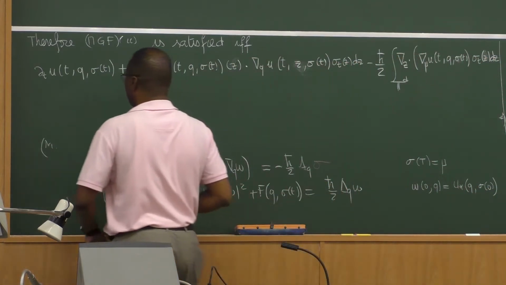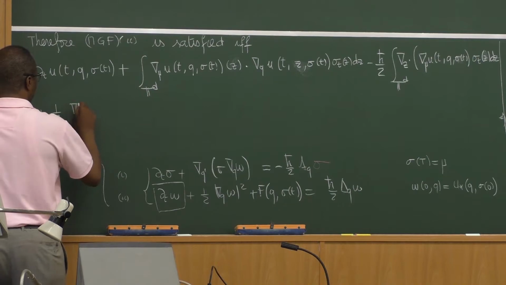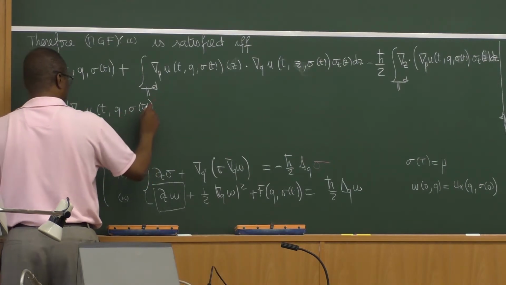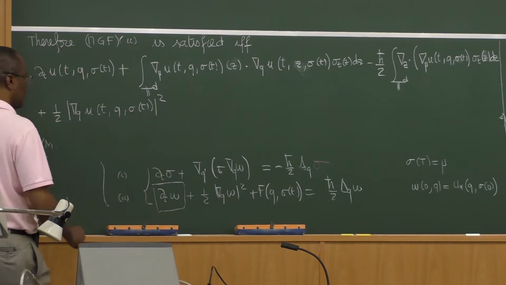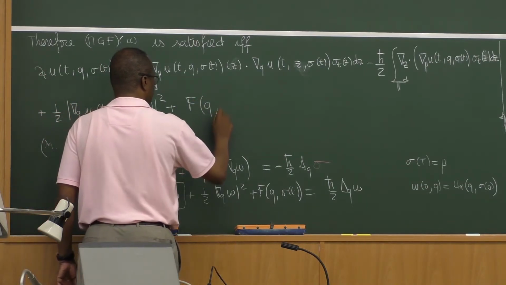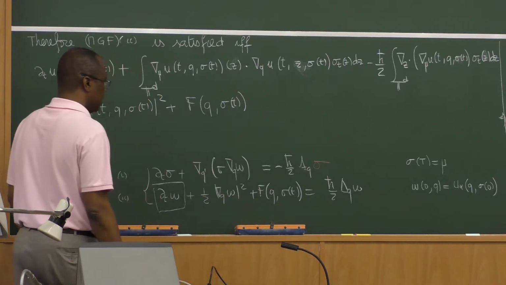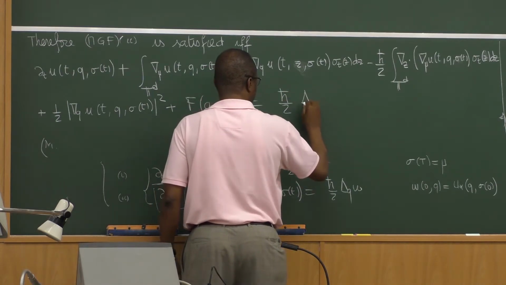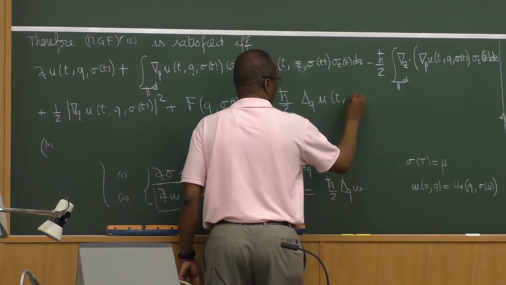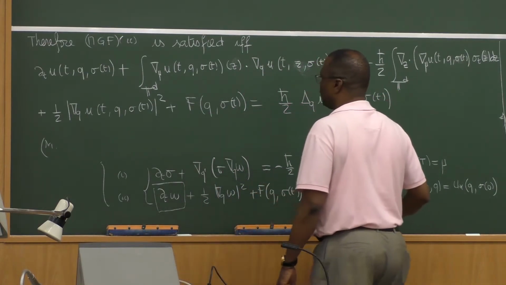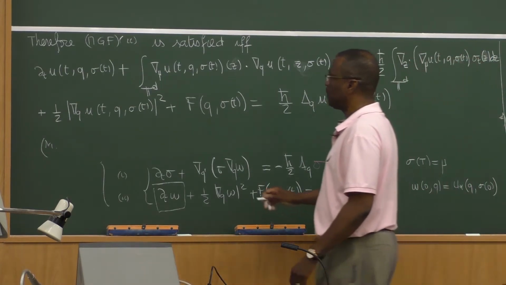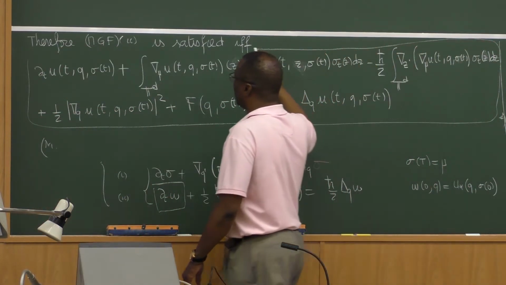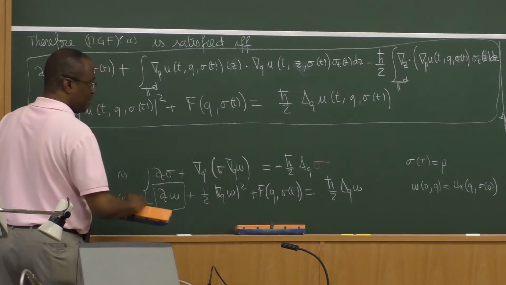and then I'm going to write that plus 1/2 gradient Q U of T Q sigma T square plus F of Q sigma T equal to H bar over 2 Laplacian Q of U of T Q sigma T. That is the equation you must satisfy.